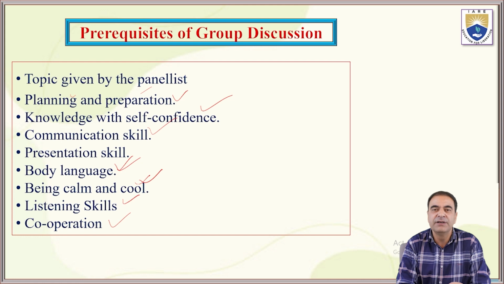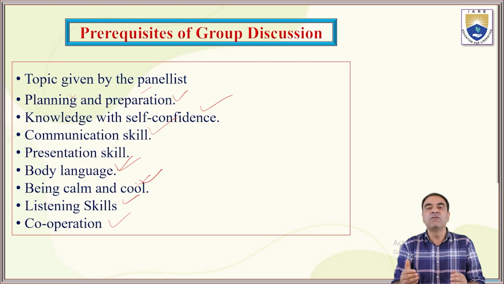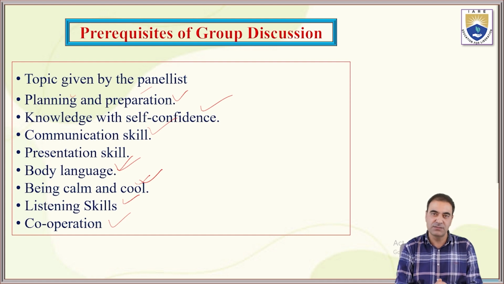The discussion is all about cooperation. As it's said, one should disagree in a discussion without being disagreeable. That means in a discussion one should not fight with other members. We should readily take their opinions, their information, their ideas.